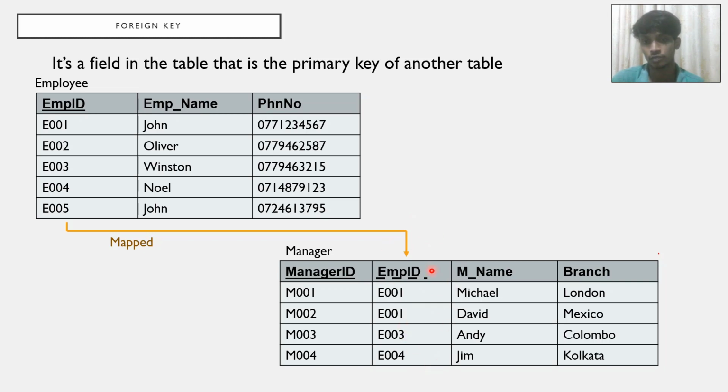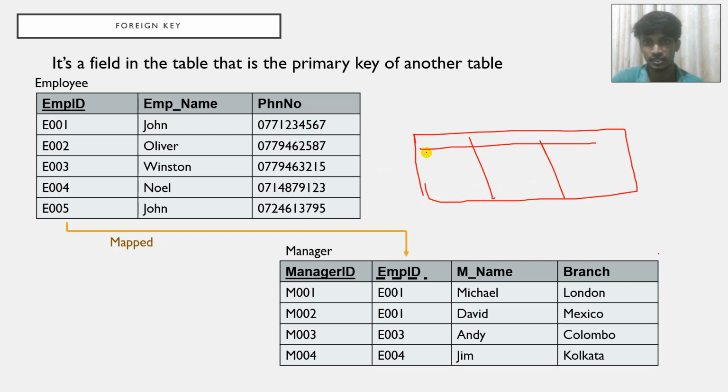Otherwise it is impossible to find, because as I told, in the initial state this mapping does not exist, which means this attribute does not exist. The only existing attributes will be manager ID, manager name and branch.